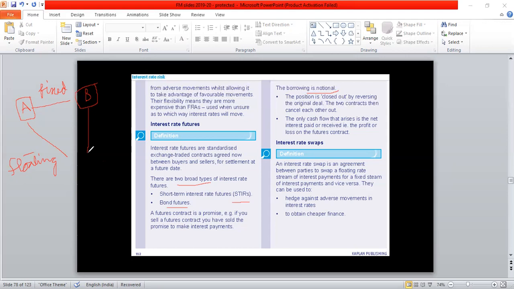This is a concept you just have to learn. You don't have problems which you have to work out on swaps.